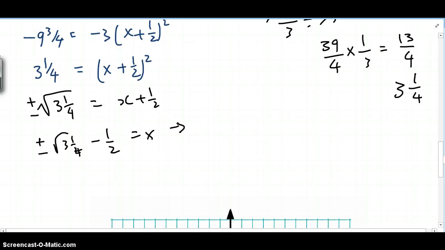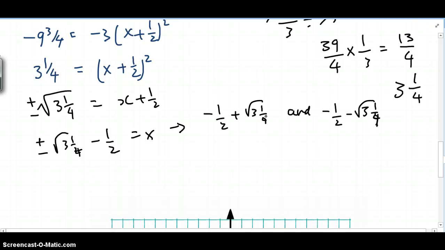Or we could write this as minus 1/2 plus root 3 and 1/4, and minus 1/2 minus root 3 and 1/4.